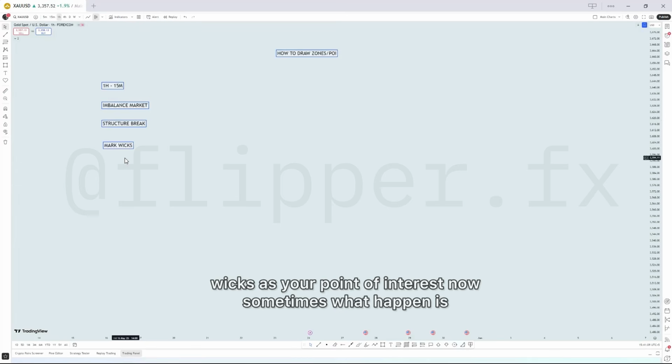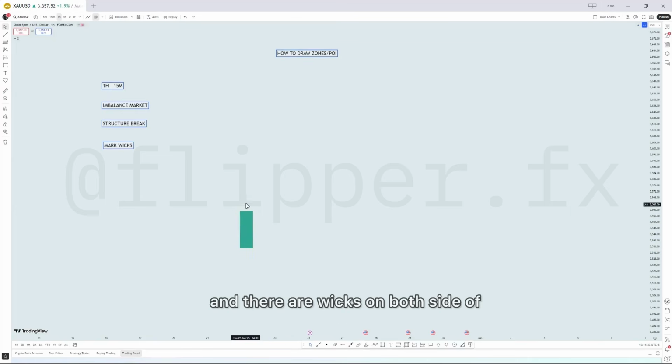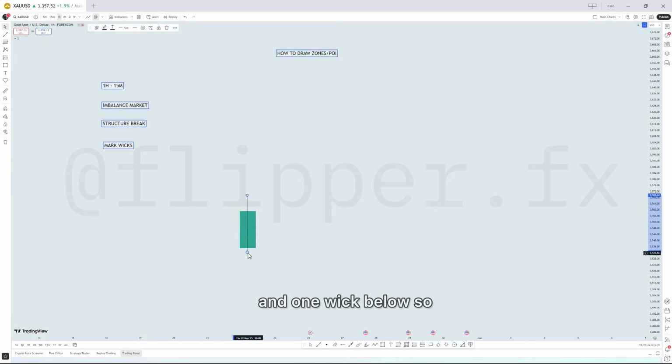Now, sometimes what happens is, let's say you have a bullish candle like this, and there are wicks on both sides of that bullish candle. One wick on top and one wick below. So what do we do in this case?